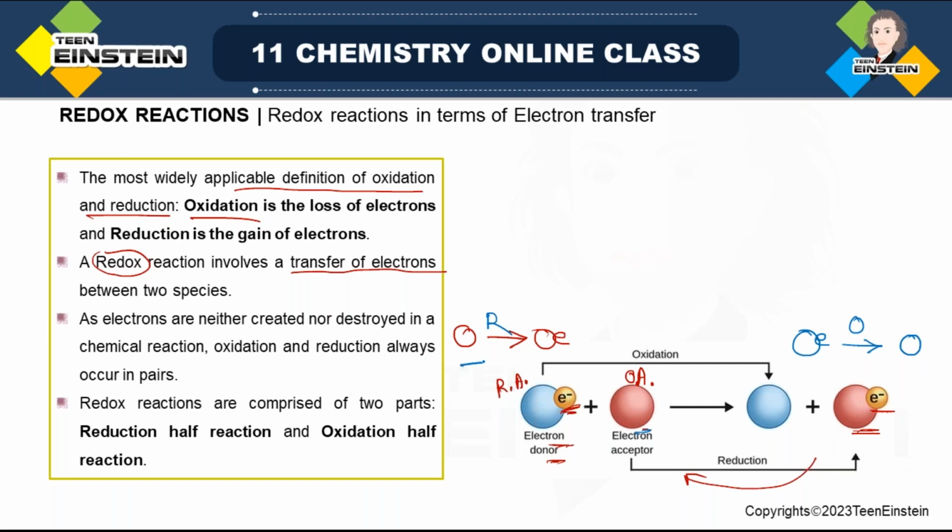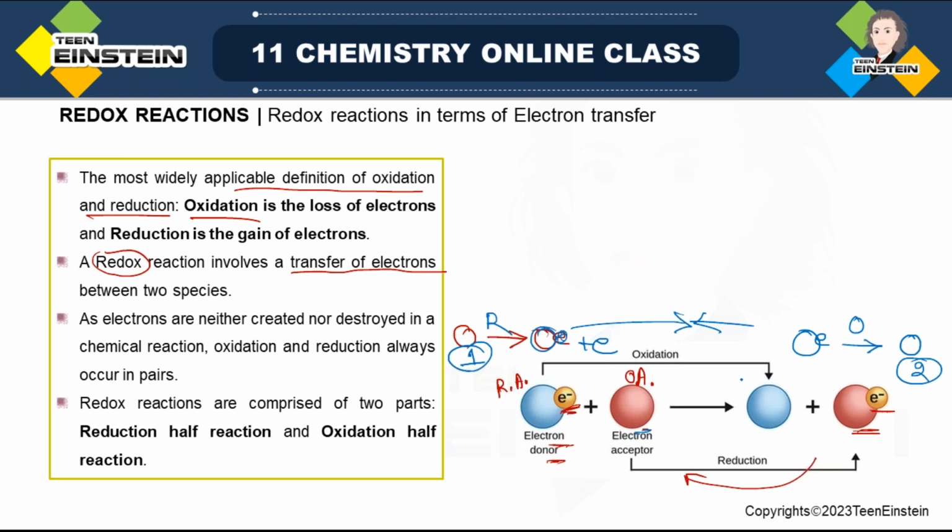So this is equation number 1. This is equation number 2. When you add these two equations, then you get the complete full reaction. But you can always break them in two parts, one is oxidation, another one is reduction. But remember, when you are writing these half reactions, this electron you have to write separately, as if it is like this.